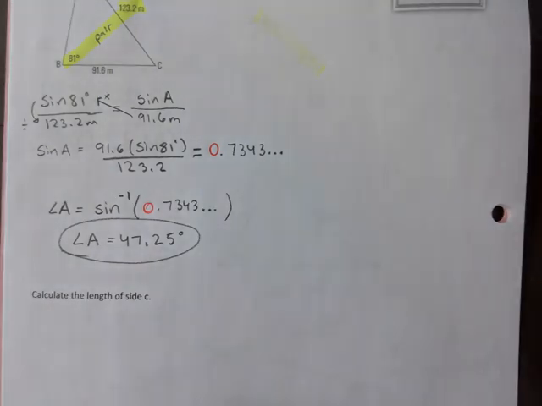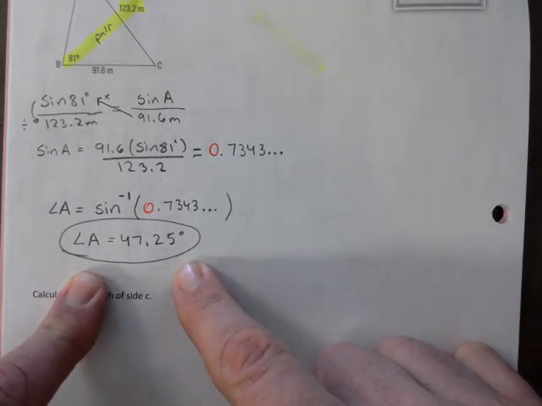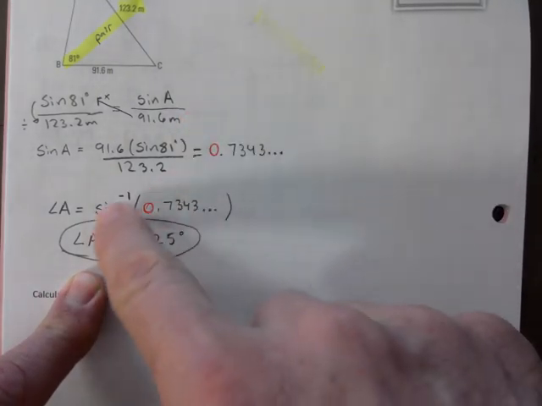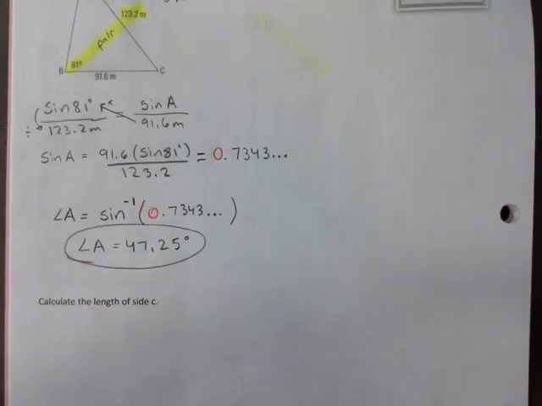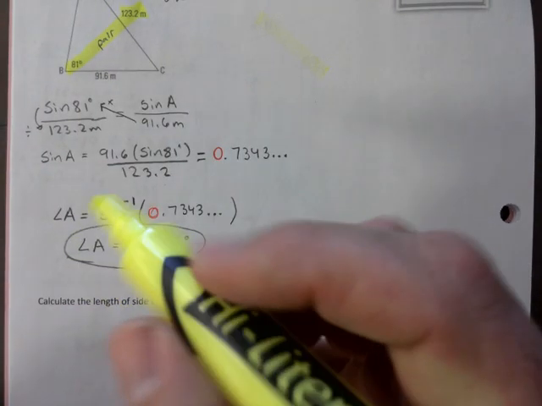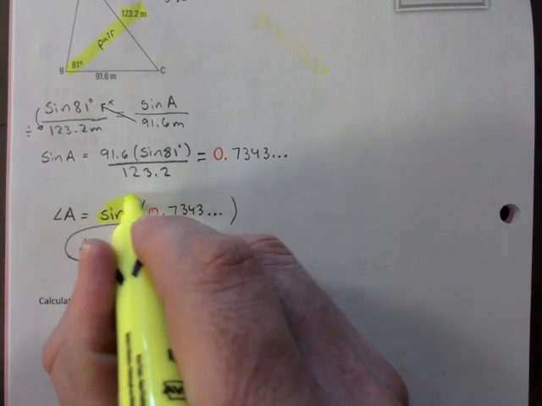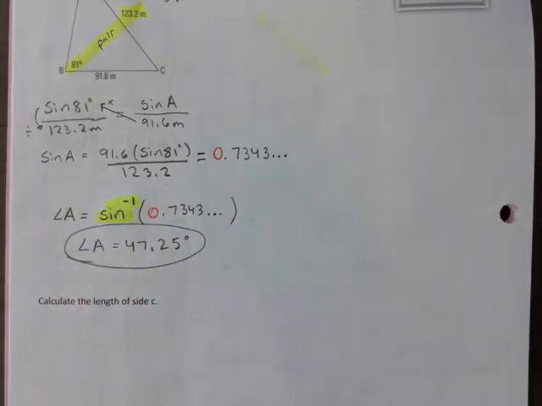All right, so that's done. This is the angle. So it's a little bit more work, in particular this step right here. Maybe let's highlight that. I want to see that step when you're solving, okay? And I can tell you this, if you're going to have to find an angle, you have to use inverse.